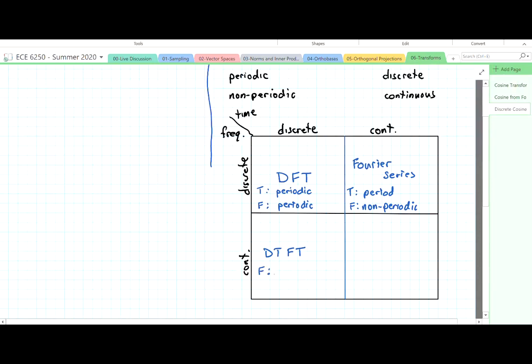It's periodic in frequency, but in time it's non-periodic. And finally, if it's continuous in both, we have the good old-fashioned Fourier transform. It's non-periodic in time and frequency.